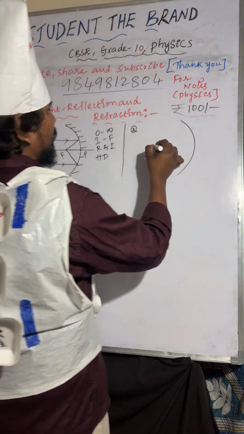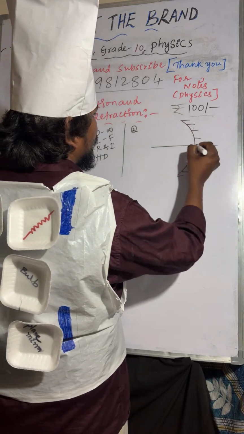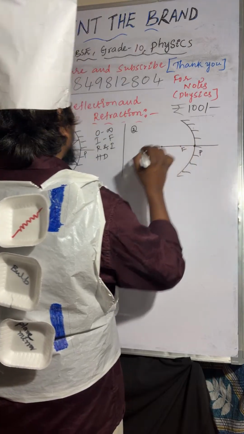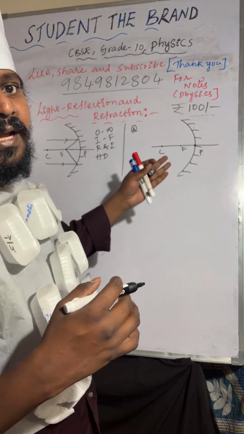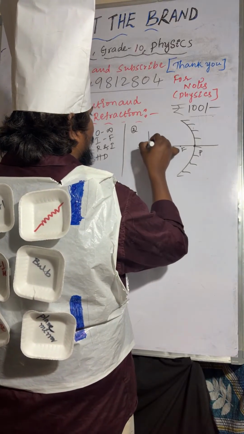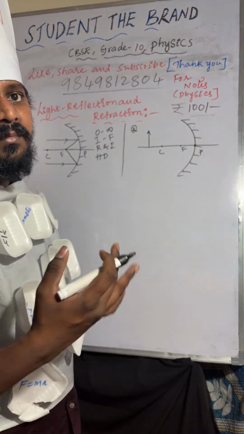Coming to the second one, concave mirror I am taking here. Pole, focus and center of curvature. Object is placed beyond center of curvature. So now I am placing the object here. How many light rays are required to form the image of the object? Minimum 2 light rays.